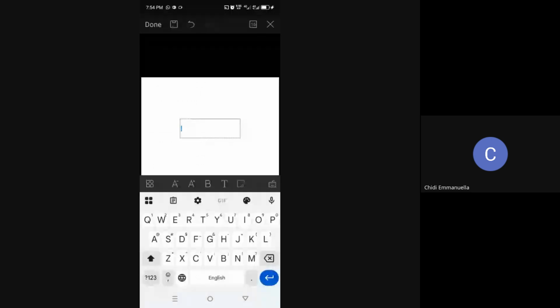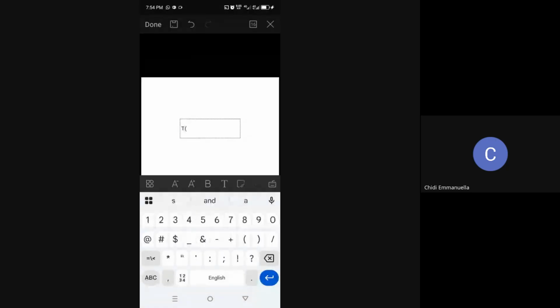If I want to convert the temperature from Celsius to Kelvin, temperature in Kelvin is equal to temperature in degrees Celsius plus 273. The conversion from Celsius to Kelvin.